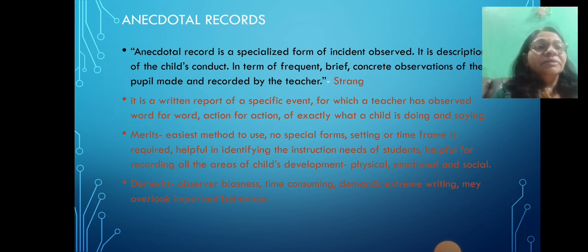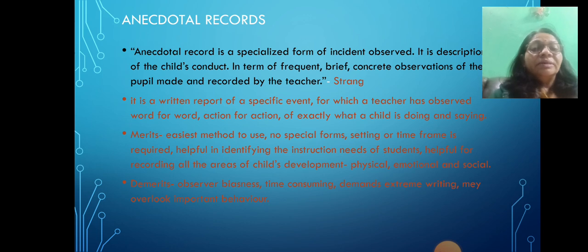Then the anecdotal record is a written report of a specific event. In a classroom situation, when we talk about the learning and teaching environment, this method is mainly used by teachers. According to Strength, it is a specialized form of incident observed.